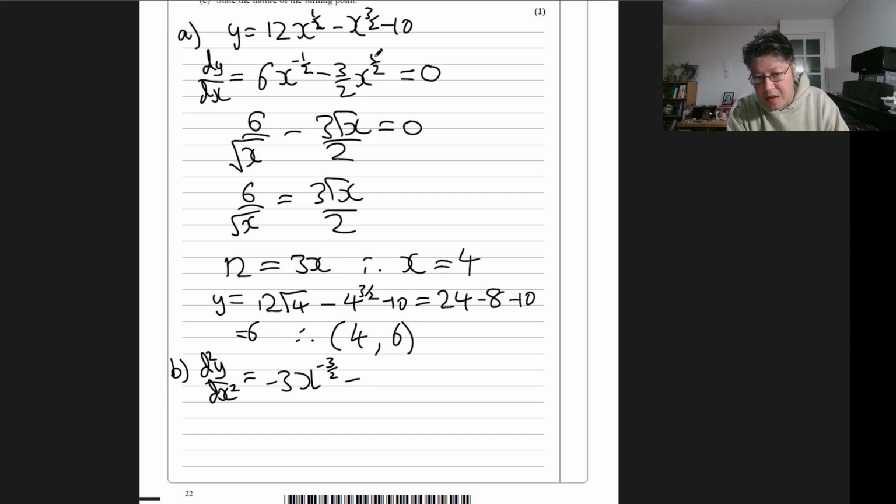Minus, now this half will times the 3 over 2 to give us 3/4 x, and half minus 1 is negative half. So that's the second derivative, that's done.